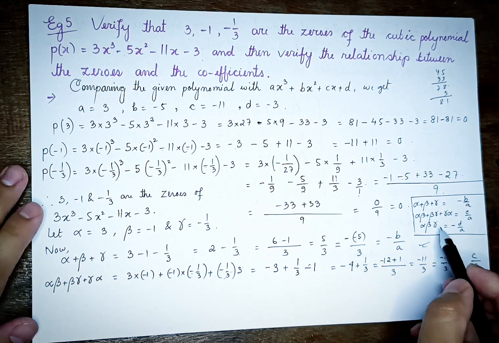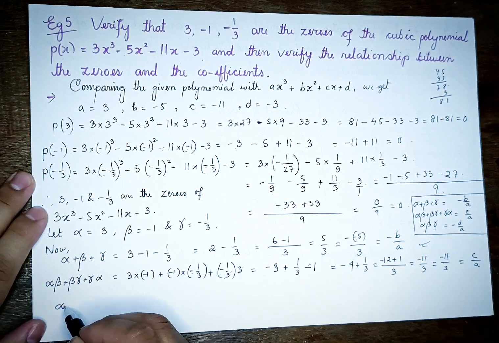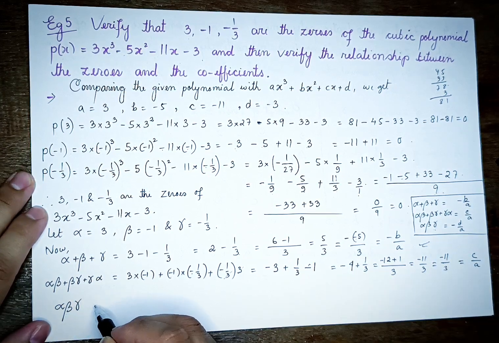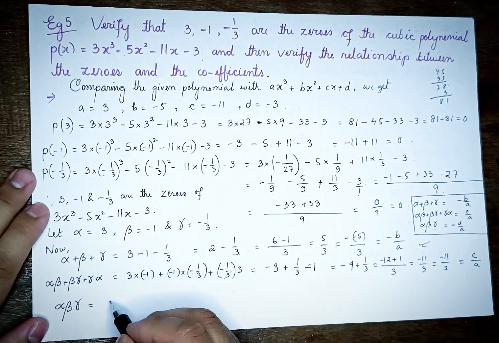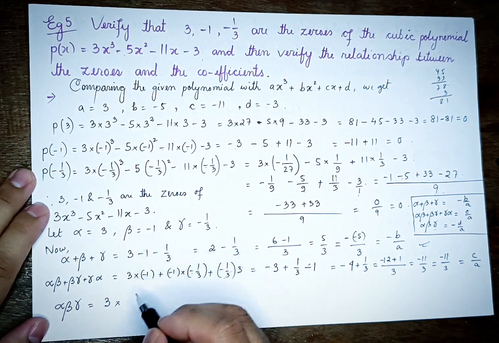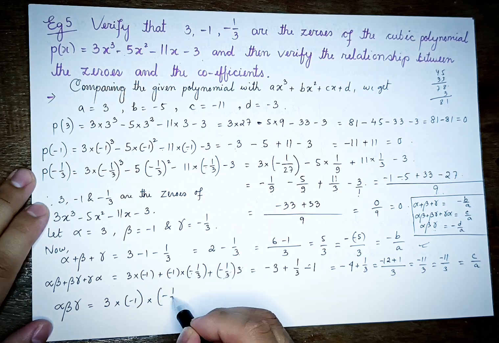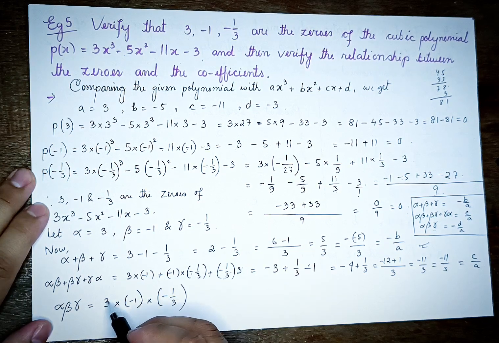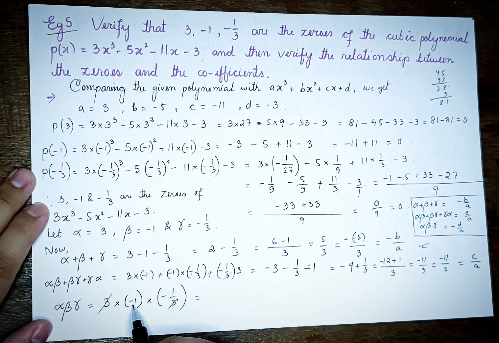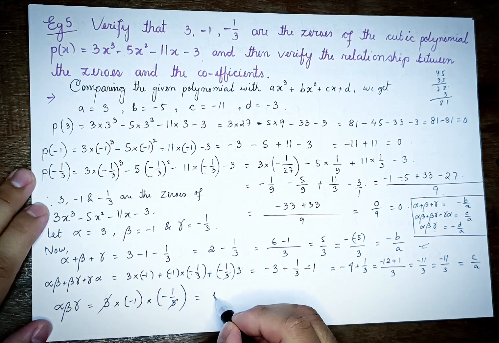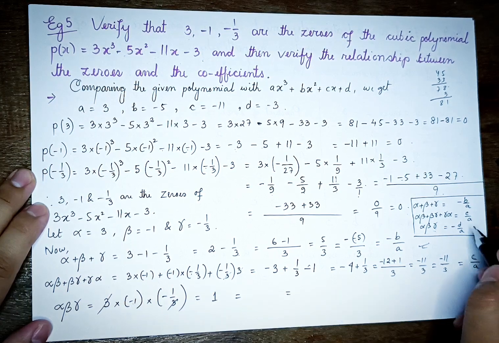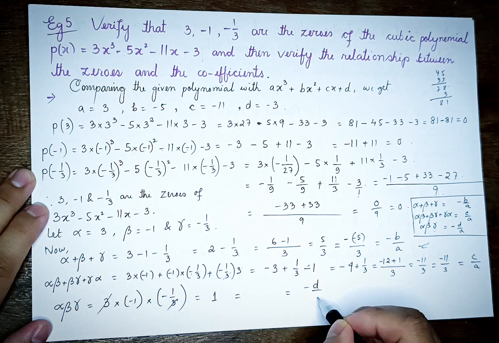Next is this one, alpha into beta into gamma. Here our alpha is 3 into our beta is minus 1 into our gamma is minus 1 by 3. Cancelling these two, we get minus 1 minus 1, we get plus 1. Leave a blank here and write minus d by a.